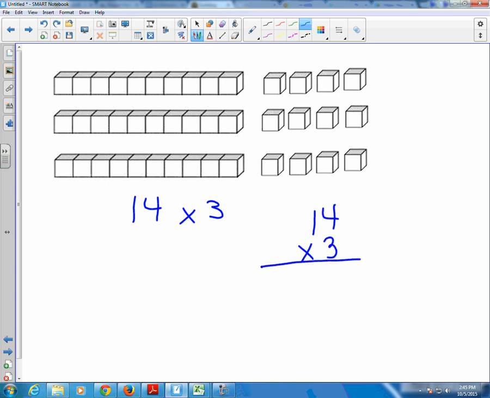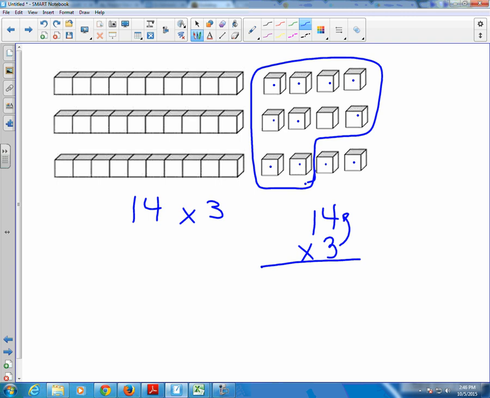Now, we just do the same thing that we do in addition and subtraction. We start with the ones, so we're going to multiply 3 times 4. And we know that 3 times 4 is 12, right? Let's look at the model. We have 1, 2, 3, 4, 5, 6, 7, 8, 9, 10, 11, 12. We have 12 ones. But if you look carefully, we can get these 10 ones and make a long one.